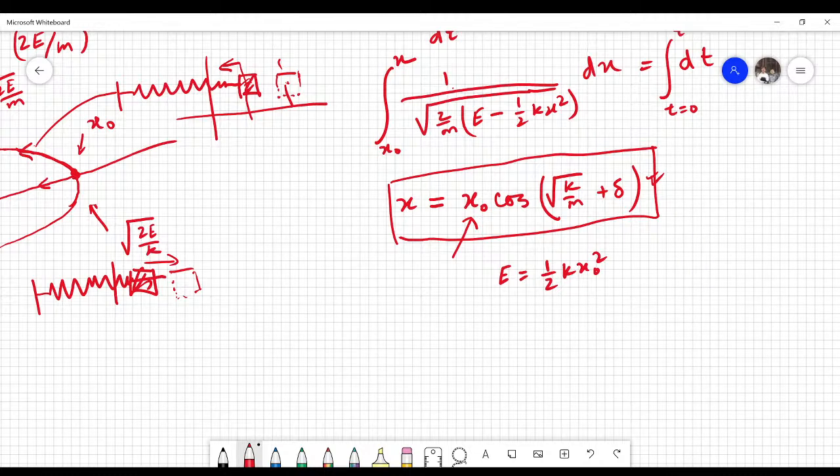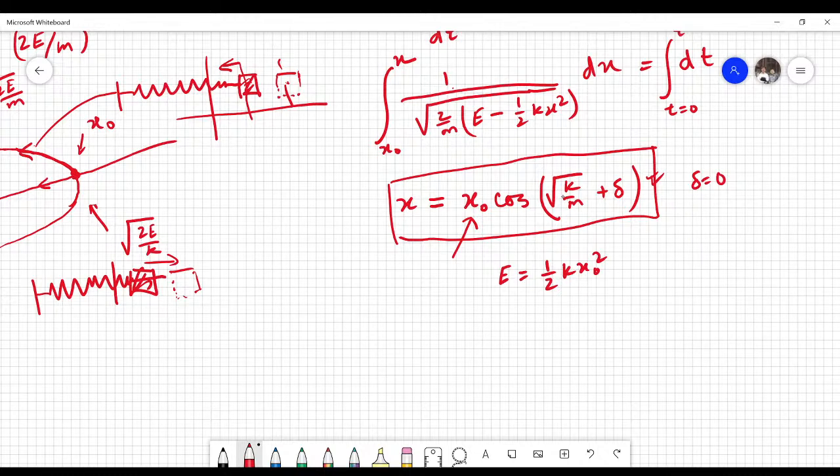So that's the amplitude. This is what you get for the delta equals 0 case.